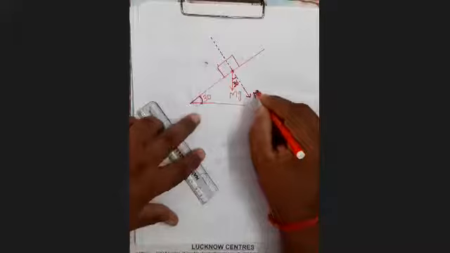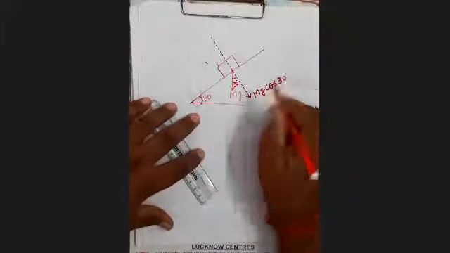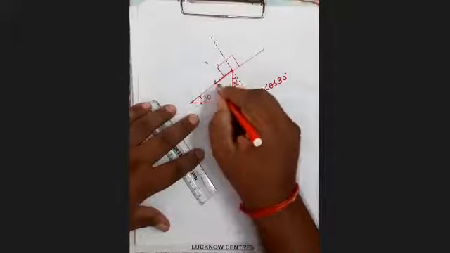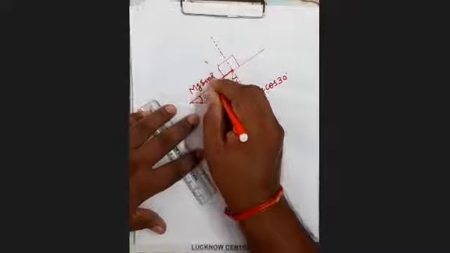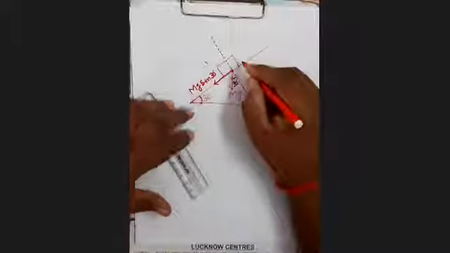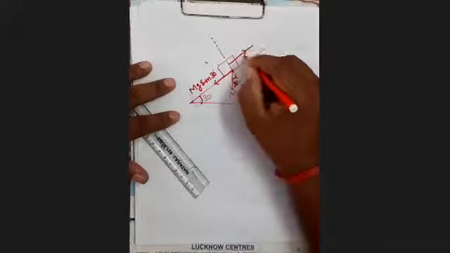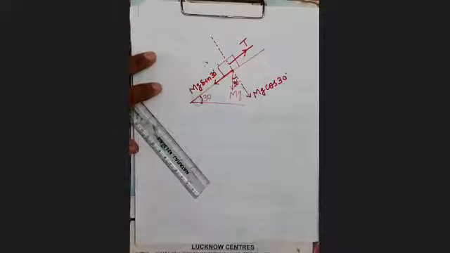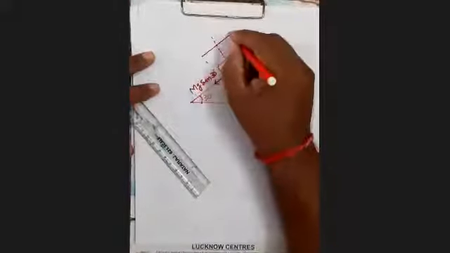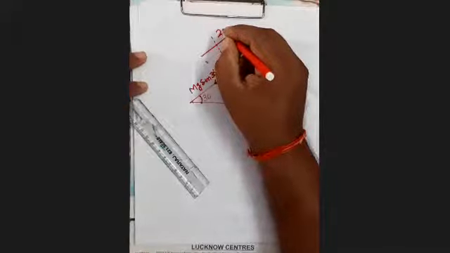This component will be mg cos 30, and on this side the component will be mg sin 30 degrees. The tension acting here is T, and the acceleration is 2a.